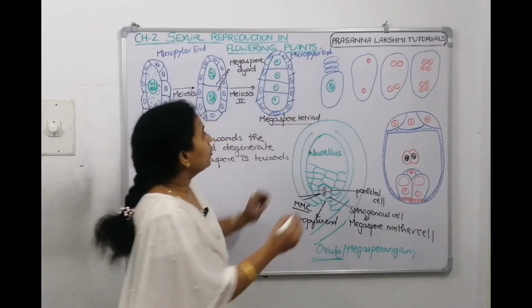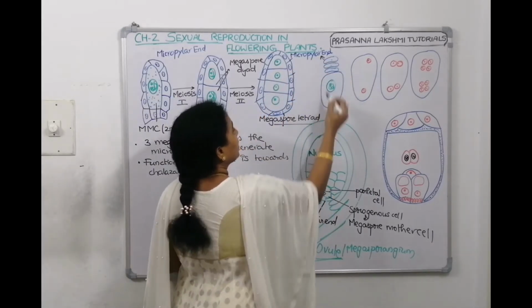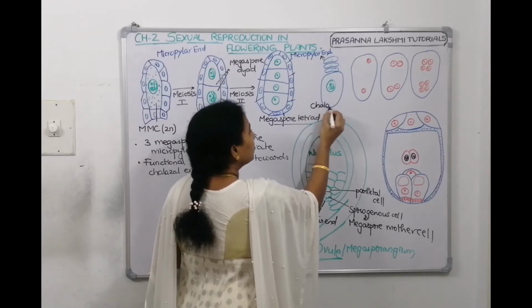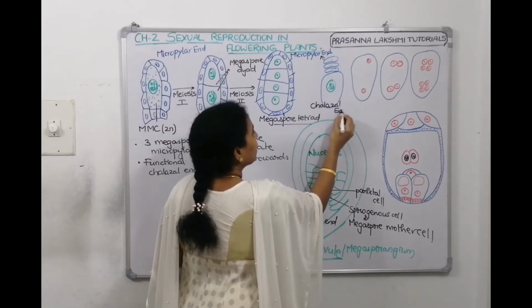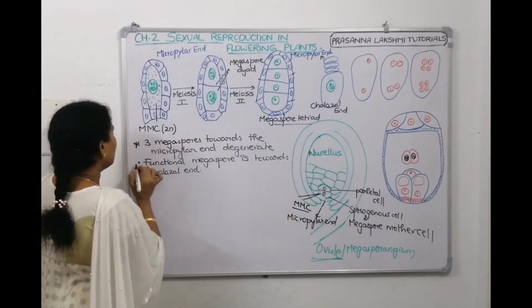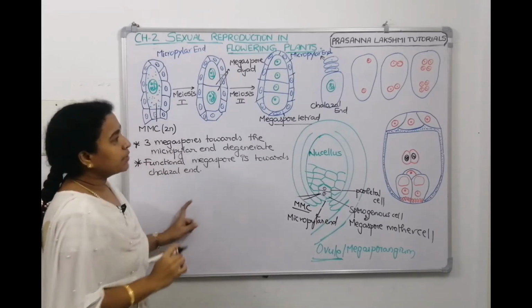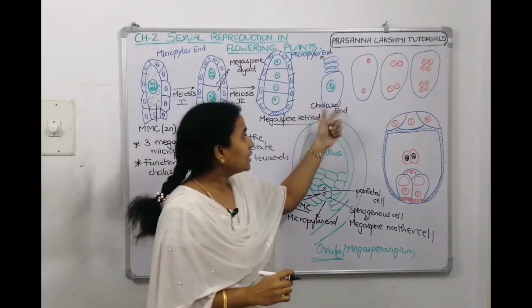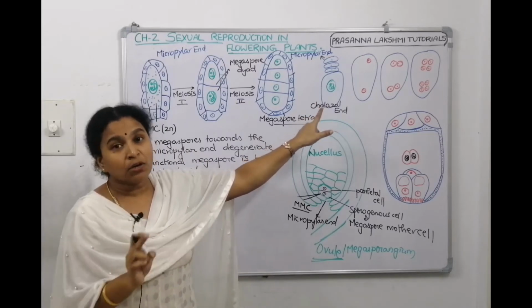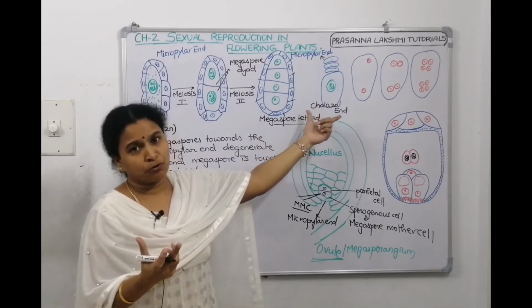So these 3 towards the micropylar end degenerated. This one which is functional is at which end, children? It is at the chalazal end. These 2 points are very, very important. Now this chalazal end megaspore undergoes, now this is what is called megasporogenesis.